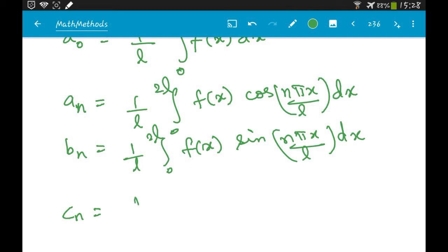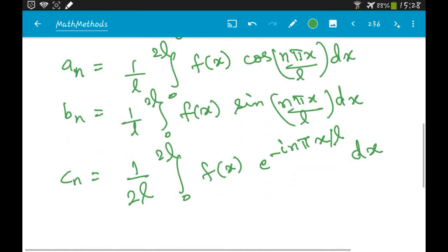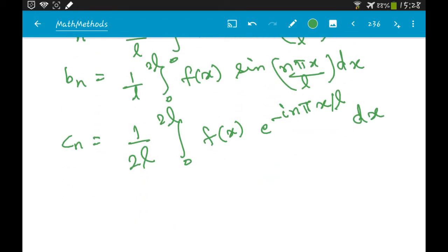Cn is 1 by 2L, so there is a difference, right? So Cn has 1 by 2L 0 to 2L f of x e power minus i n pi x by L dx. Okay, so these are the formulas for all of this.